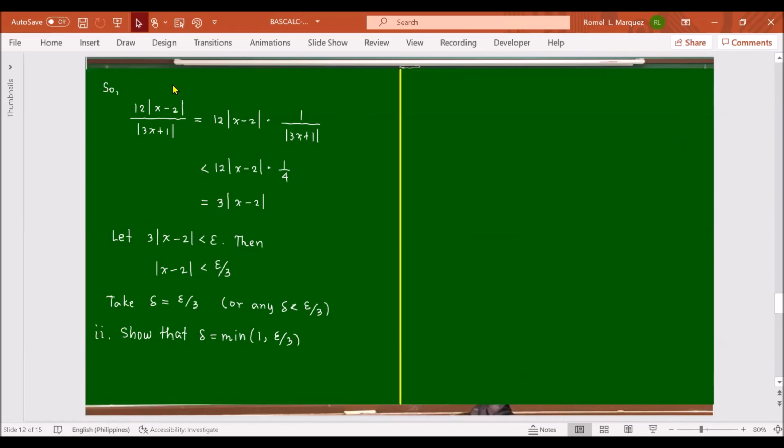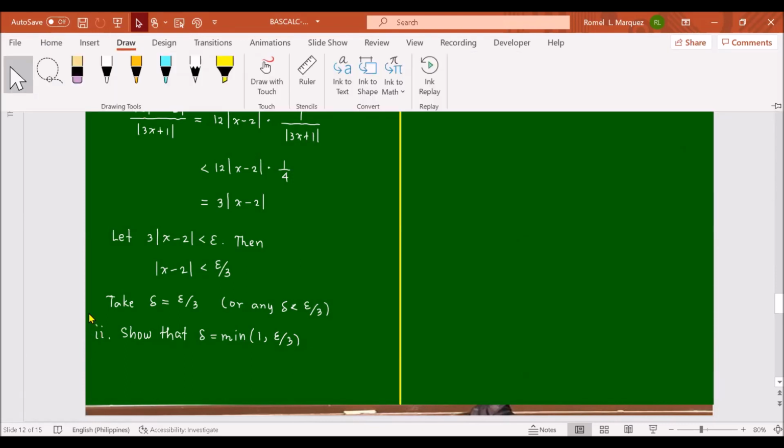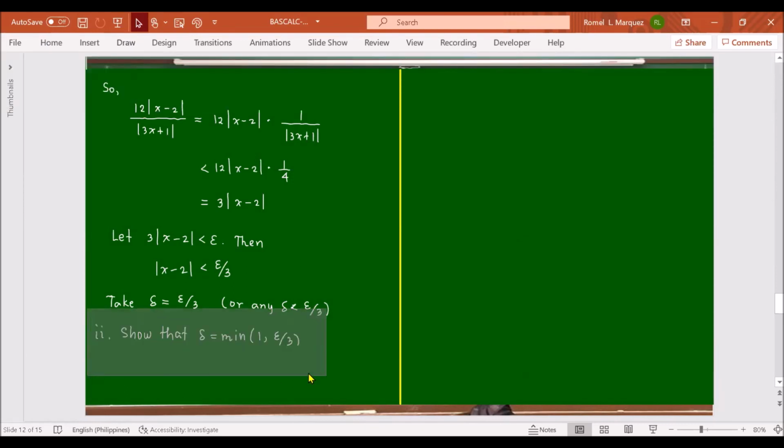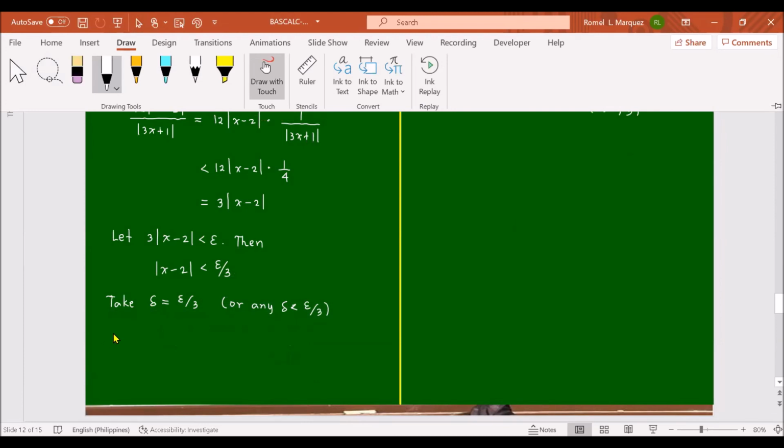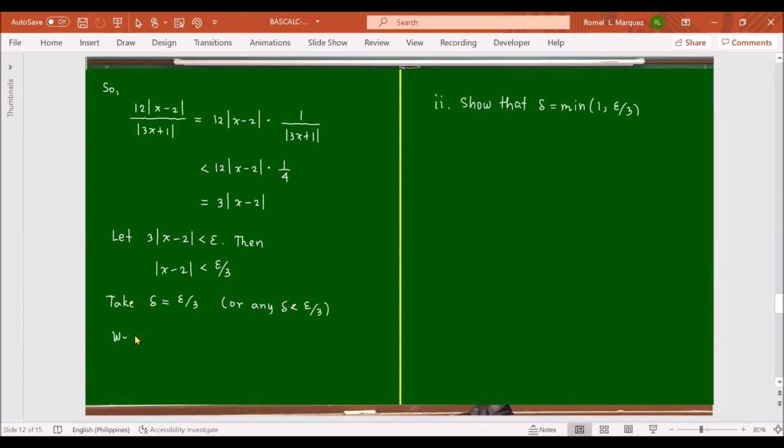Okay, guys? Do I have to write to emphasize that? Let me emphasize that. And let's have the formal proof here. So we have two restrictions for delta.